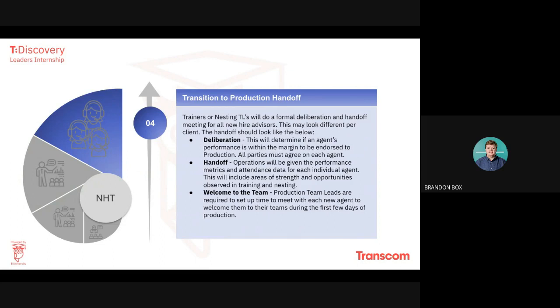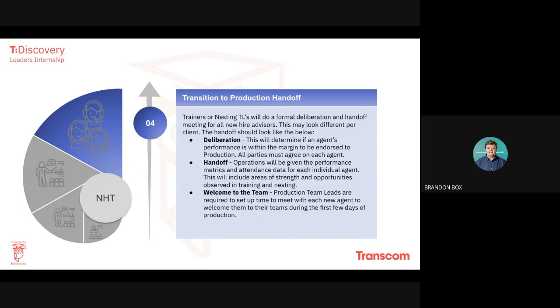And essentially this meeting is scheduled to deliberate on the people that are in A-Bay. And essentially this is put in place so that we can all come to an agreement that the individuals that we're talking about are capable of moving forward into production based off of their performance in A-Bay. So the first part of this is actually the deliberation.